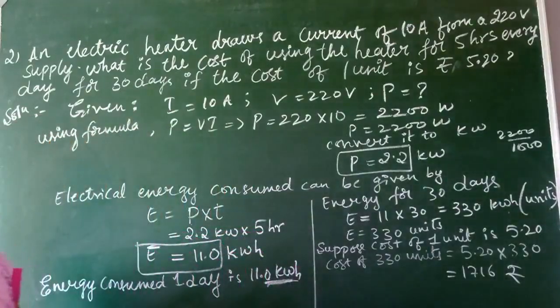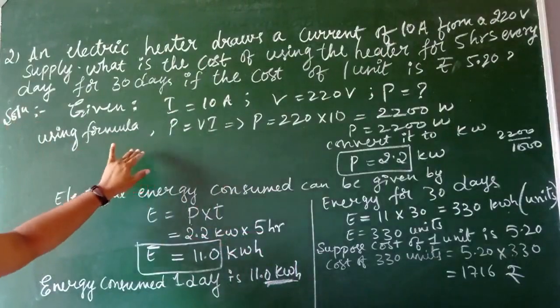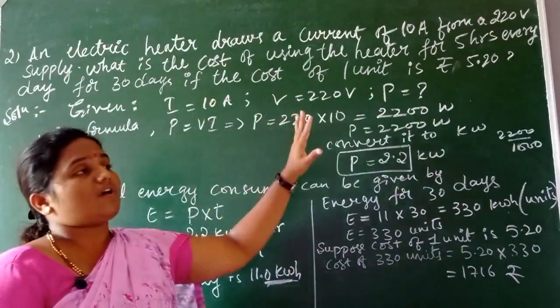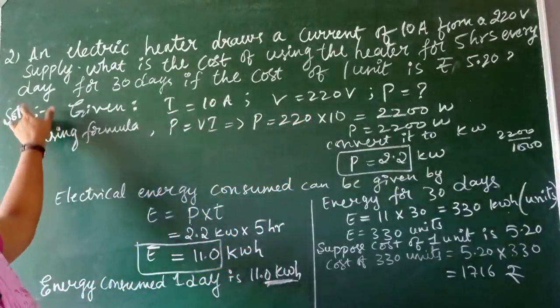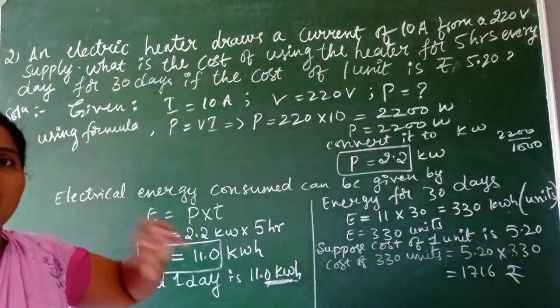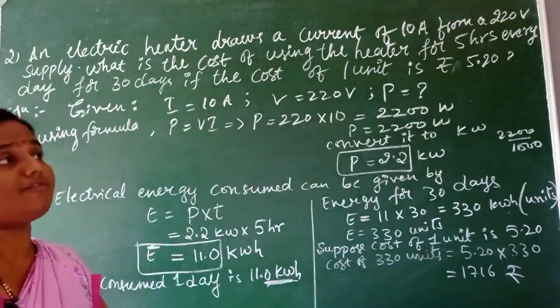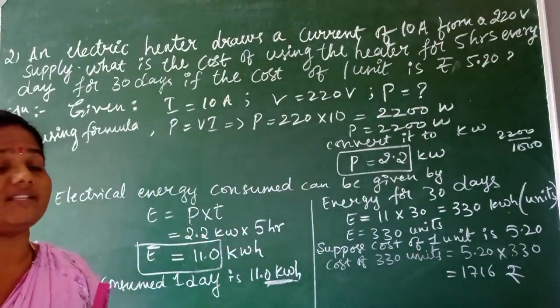Children, this is very simple, don't get confused. They asked if the heater works for 5 hours every day for 30 days, means for a month it is working 5 hours continuously daily, and the cost of 1 unit is 5 rupees 20 paisa.